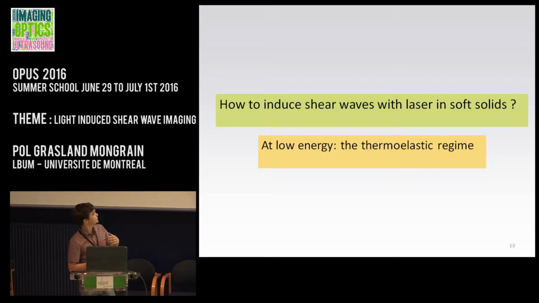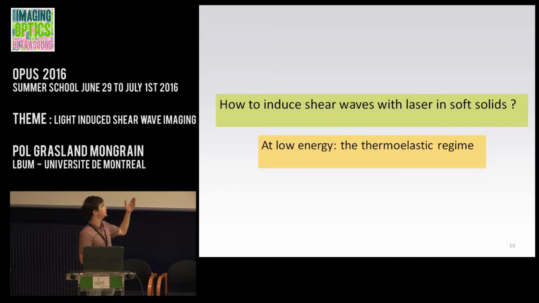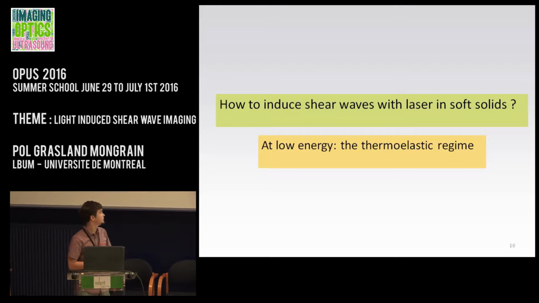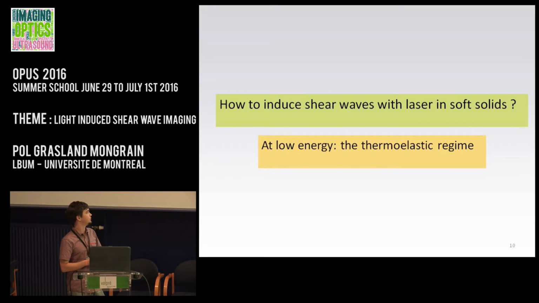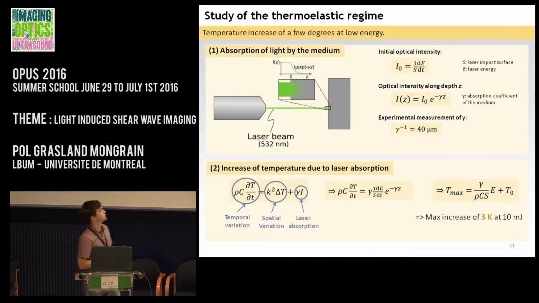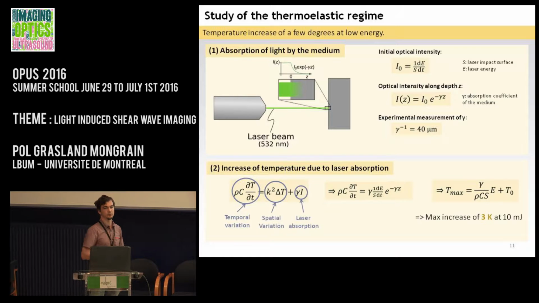So we have made a physical analysis, and we have proposed a thermoelastic regime at low energy, which is more or less identical to what we have seen this morning in photoacoustic imaging. The model supposes that we have an initial optical intensity I0 given by this formula, and this optical intensity decreases along depth with an exponential decrease.